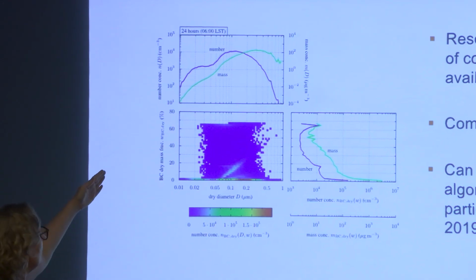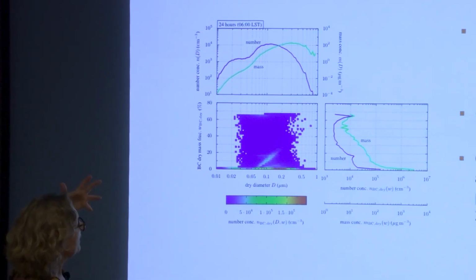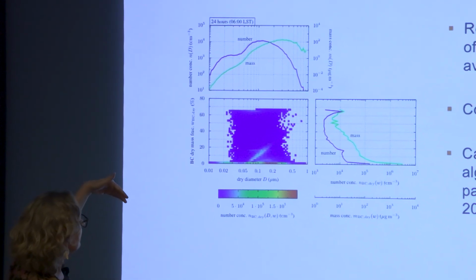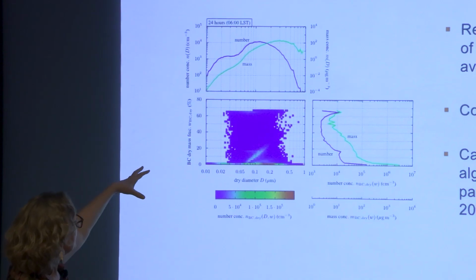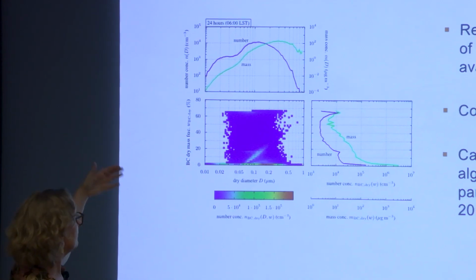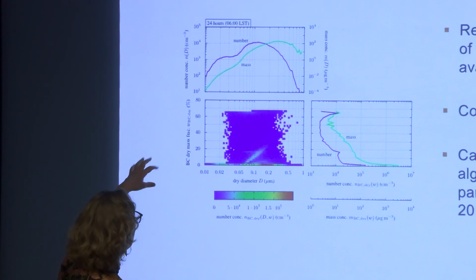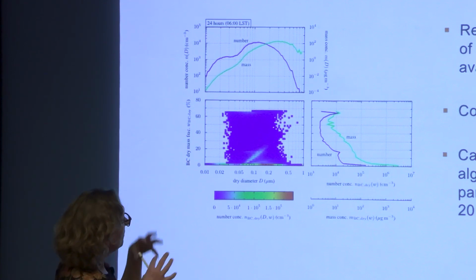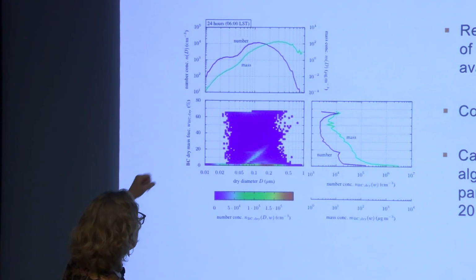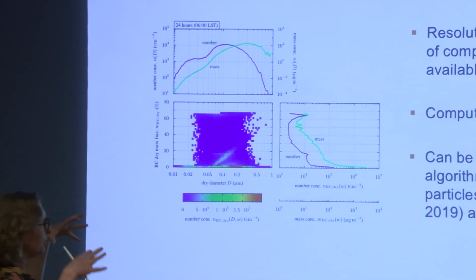And so another way we can display our results here is, we were interested in black carbon for the many reasons we talked about. And so the way we display our results from our particle resolved model is like this. So we project it into 2 dimensions.